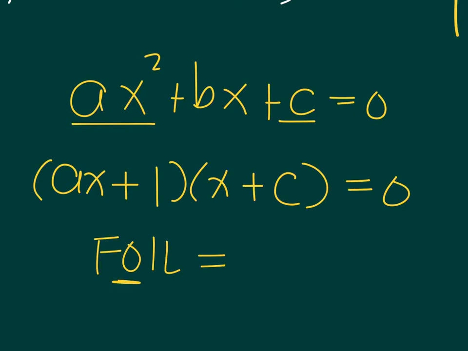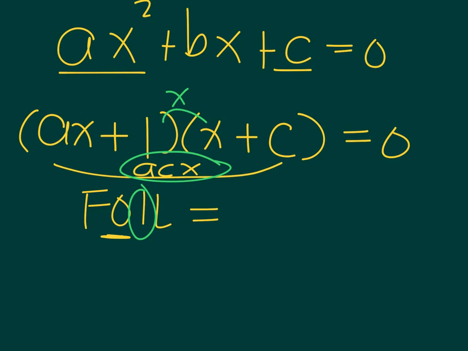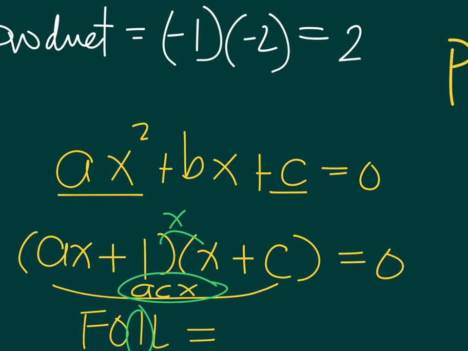The O means you multiply the outer, ACX, and then the inner, these two, will be 1x. And for these factors to be the real factors of ax squared plus bx plus c, the sum of x and acx, x plus acx, must be equal to the middle term.